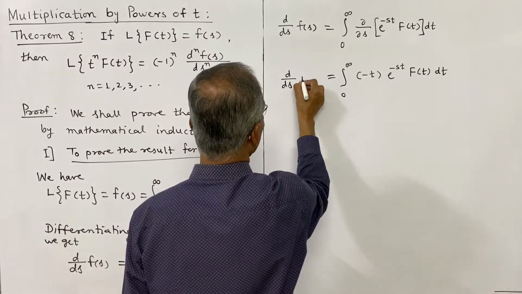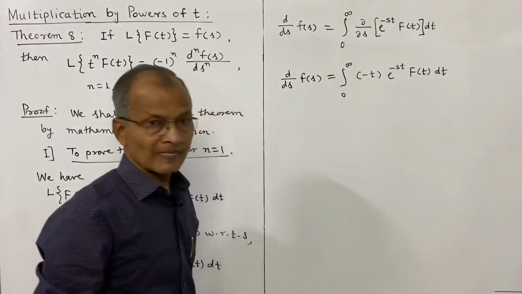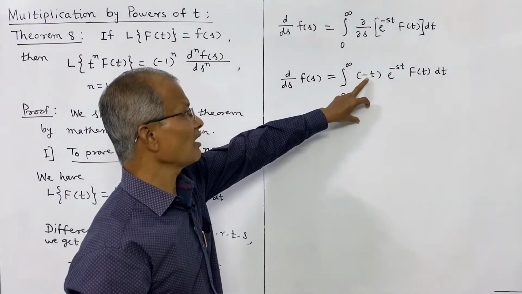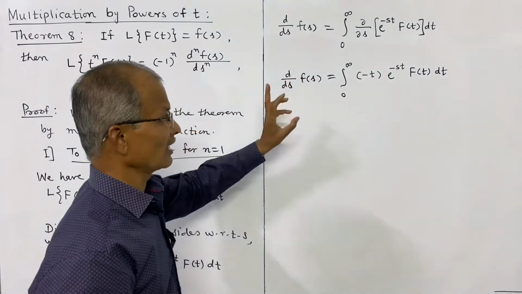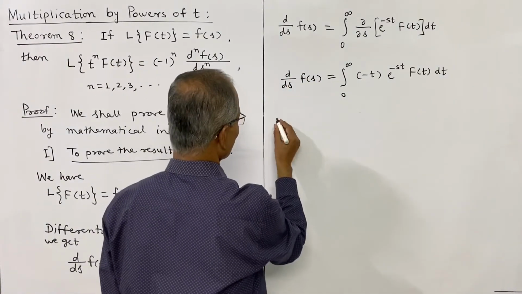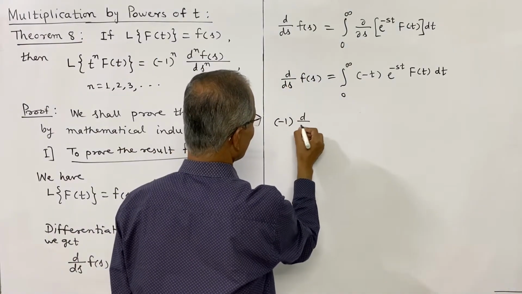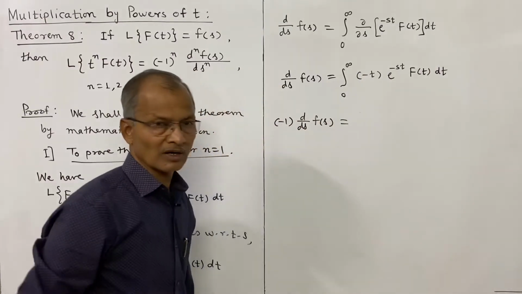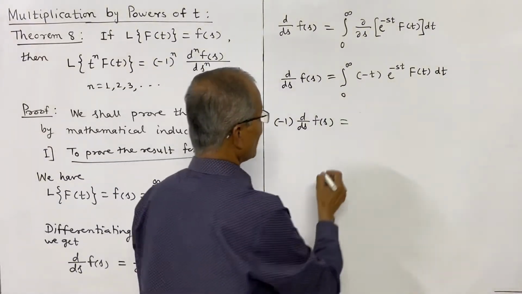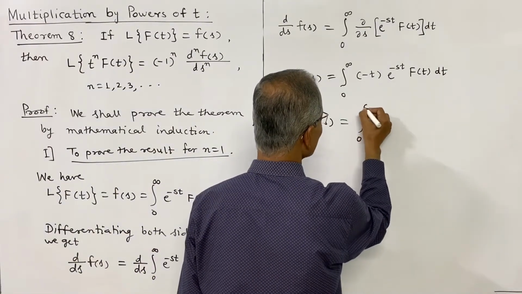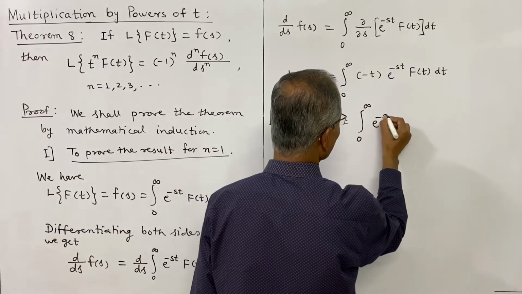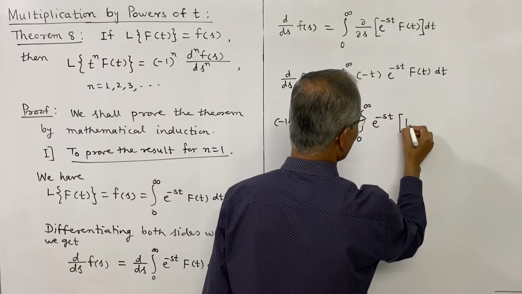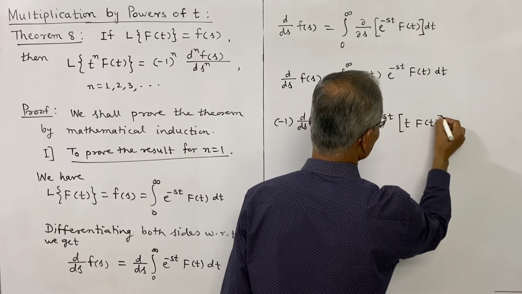Here it is the derivative of F(s) with respect to s, and taking this minus 1 to the other side, minus 1 d by ds of F(s) is equal to, now negative into negative becomes positive, the integral from 0 to infinity of e power minus st, t into f of t, dt.